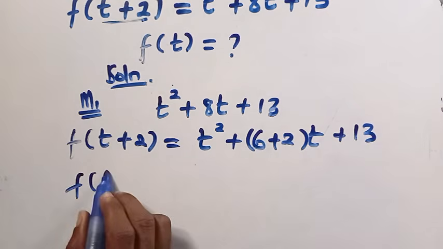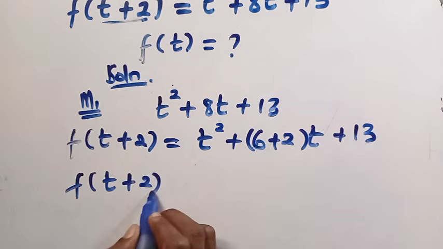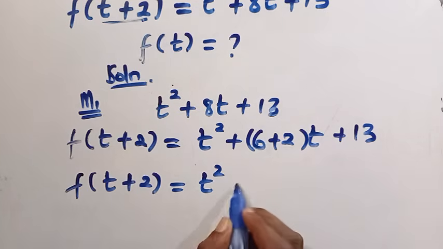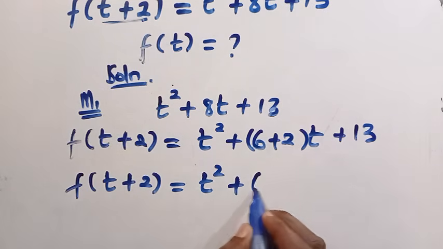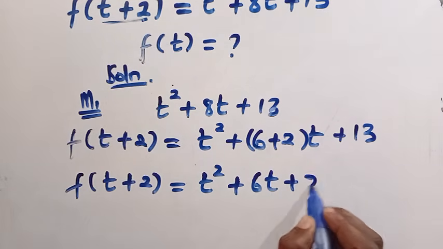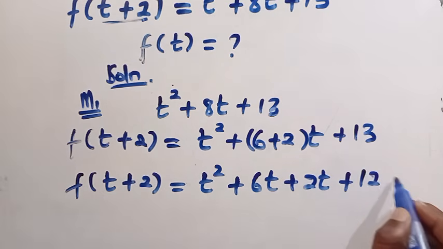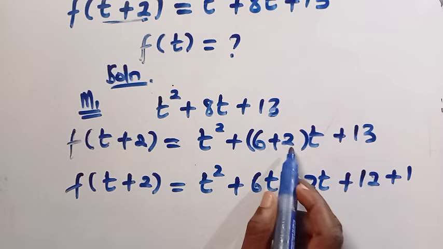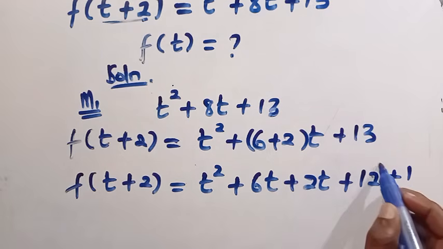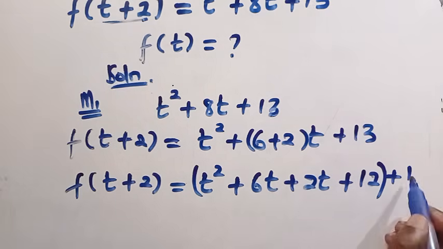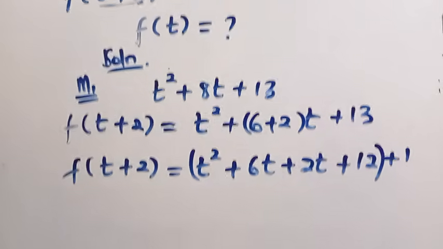Here we have f of t plus 2 equals t squared plus 6t plus 2t plus, then 13 is given as 12 plus 1, because 6 multiplied by 2 gives us 12. We can bracket this only and leave 1 outside.